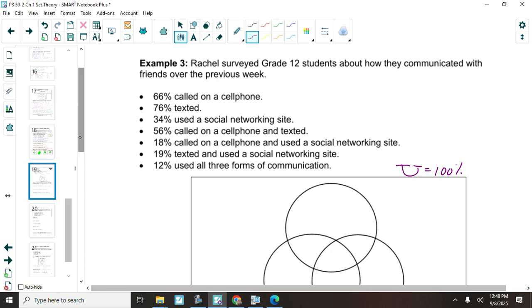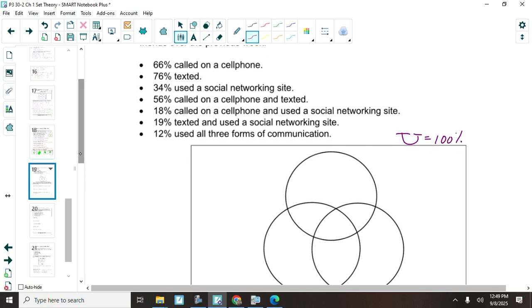So they've started telling us a little bit about the way people communicated. So let's grab the keywords. We have a cell phone. Now, it doesn't matter which circle you choose, you just have to choose a circle. So I'm just choosing the top one. So this will be my cell phone. The next one is texted.